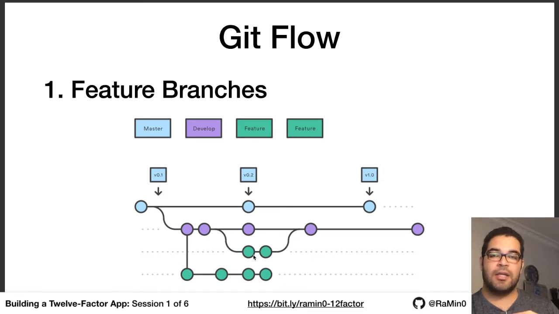Each of these branches has its own changes, and whenever you're done with a branch, like the first green line here, you should merge it back into the develop branch. So the first green line is a completed feature that was developed till the end, while the other green line is a feature that is being developed, a work in progress. Once this other one is done, it should also be merged back into the develop branch.